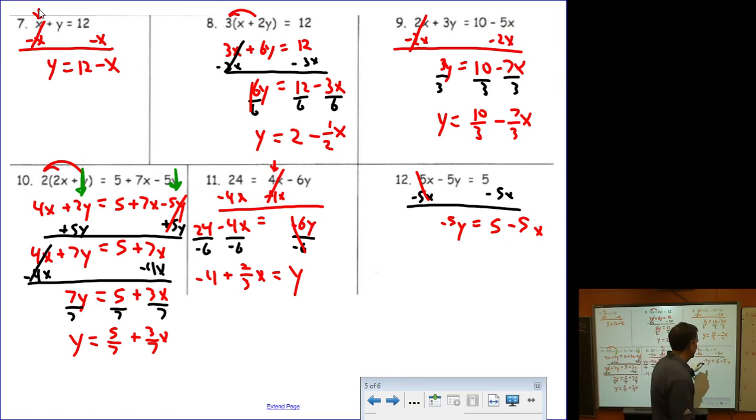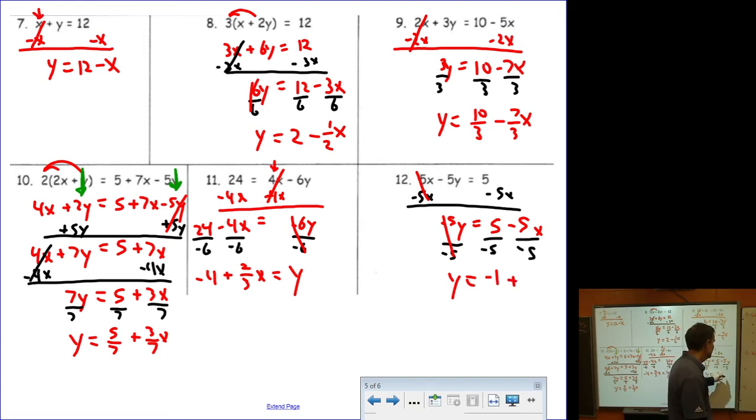Then I want to get rid of the negative 5 by dividing everything by negative 5. And that's going to give me y equals 5 divided by negative 5 is negative 1. Negative 5 divided by negative 5 is positive 1x. And a better way to write that would just be x.